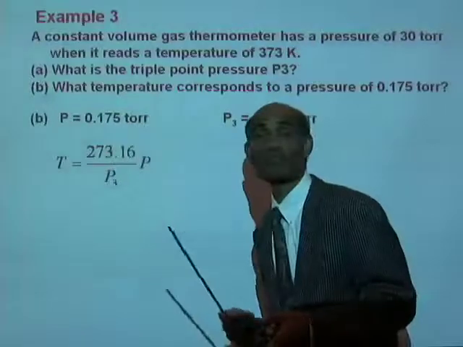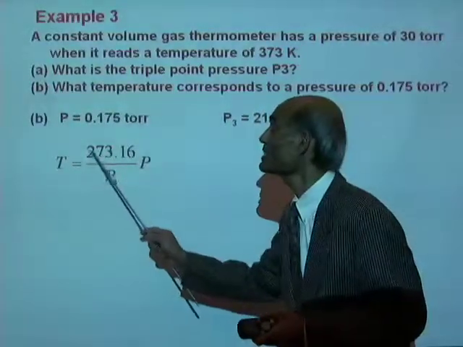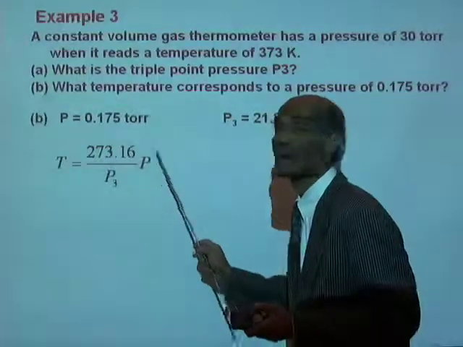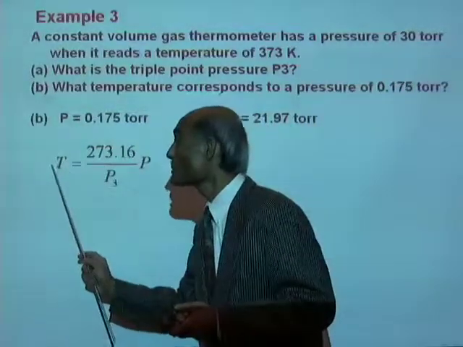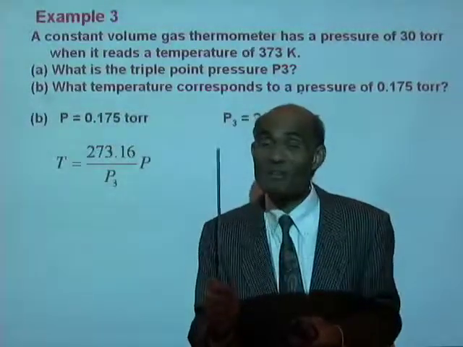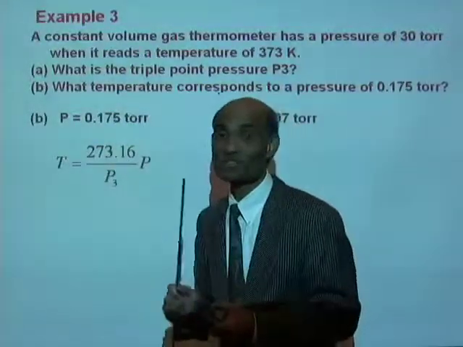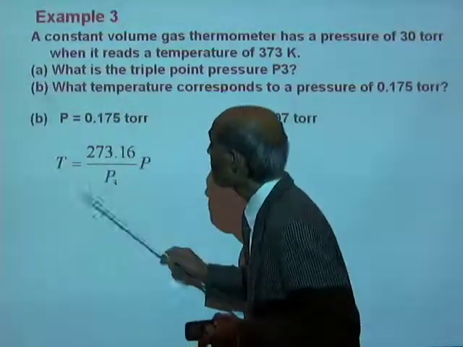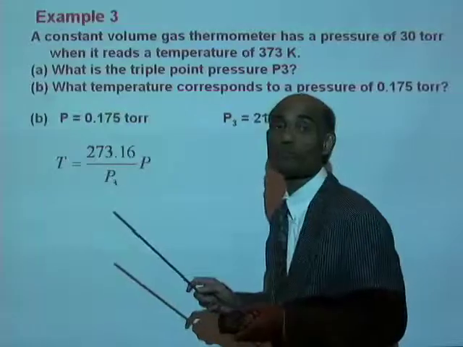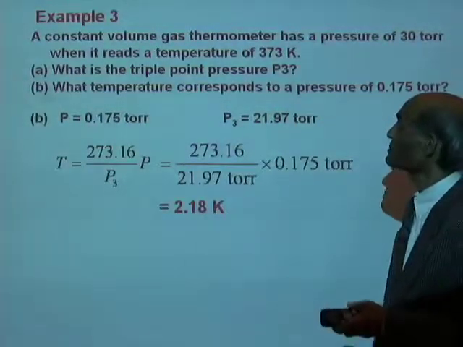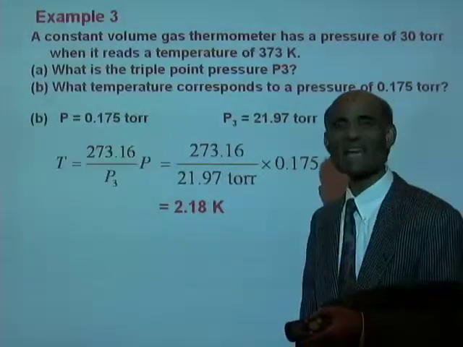And use our famous equation: T equals 273.16 over P3 times P. Take note, the temperature measured using this scale is the Kelvin scale, not the Celsius temperature. We got the value of P3 and the value of P, and using that we get the temperature equal to 2.18 Kelvin.